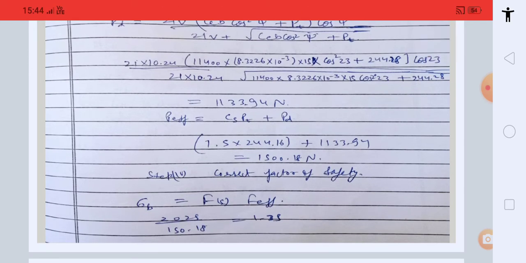Now P effective is equal to Cs Pt plus dynamic force, where Cs is the service factor 1.5 into tangential force 244.16 plus 1133.94, which is 1500.18 Newton, which is P effective.